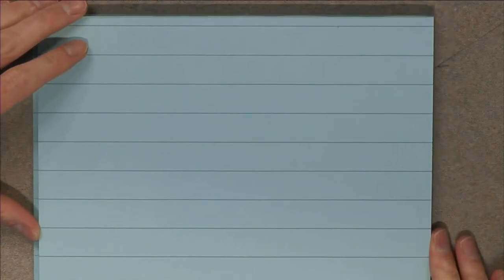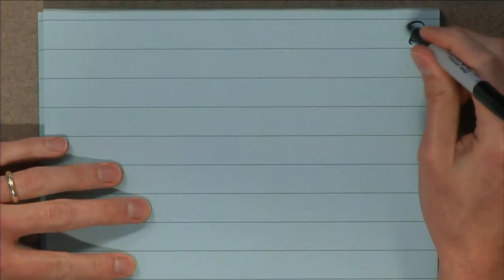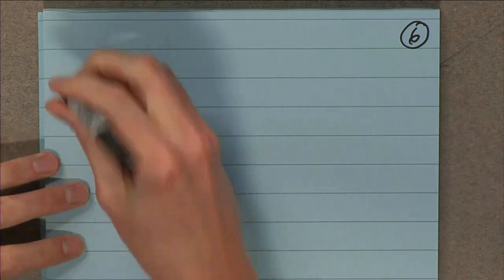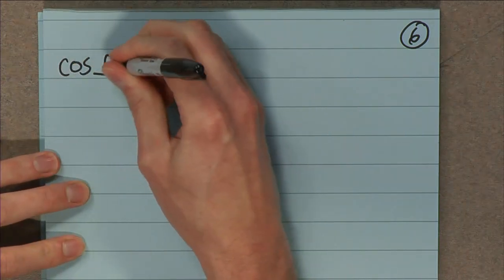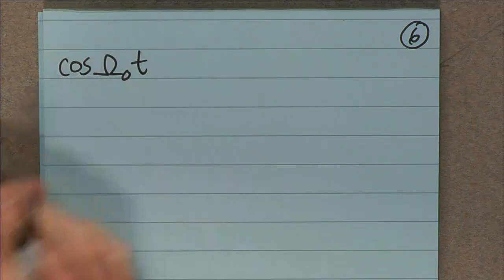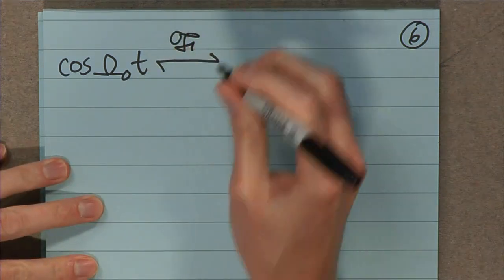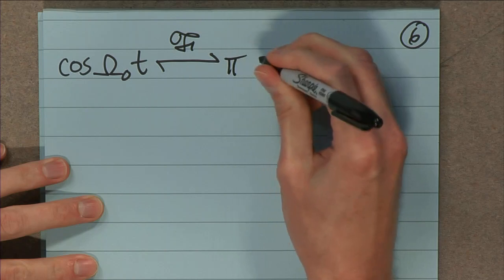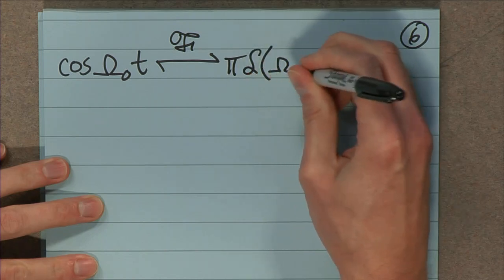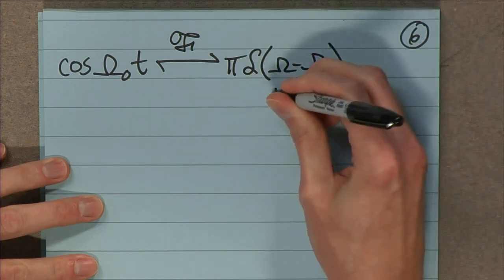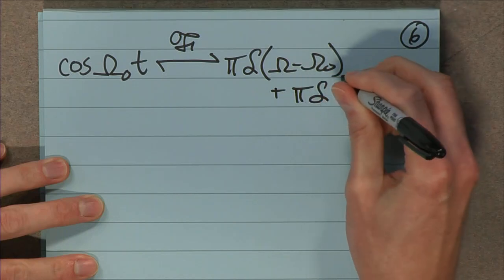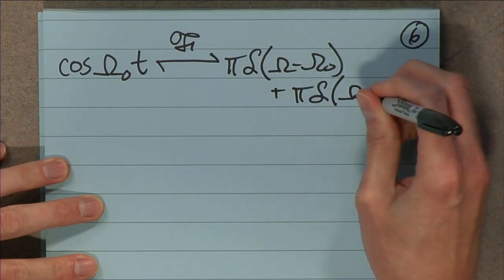So let's start off taking the Fourier transform. If you recall from last time, cosine omega naught t had a Fourier transform of pi delta function of omega minus omega naught plus pi delta function of omega plus omega naught.